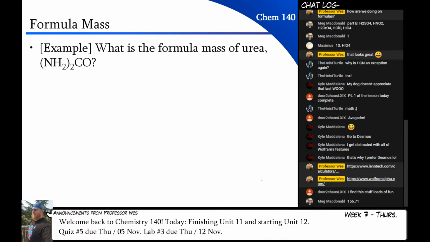Yeah, you get about 60.06. And then if you have extra time, try drawing the Lewis structure of that, because this is actually a Lewis structure you could draw.